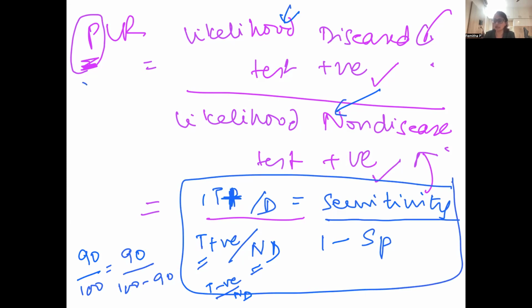Once again, PLR is the ratio of the likelihood that a diseased patient gets a test positive divided by the likelihood that the non-diseased patient or a person gets a test positive. That is nothing but sensitivity divided by 1 minus specificity. And does that look familiar again? It does, because that is what we use in an ROC curve.